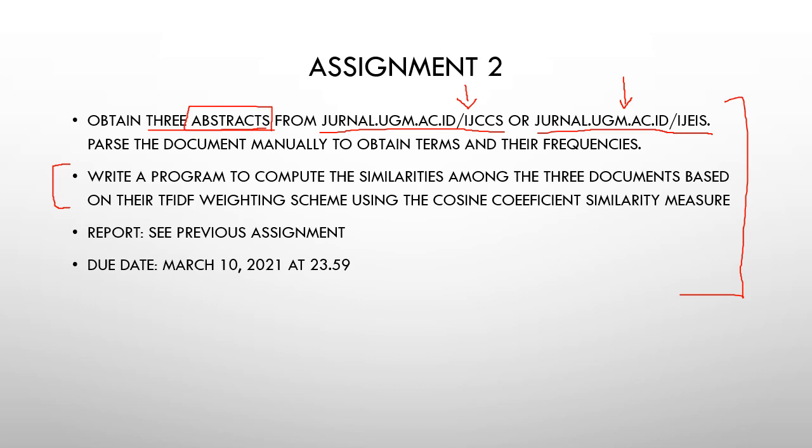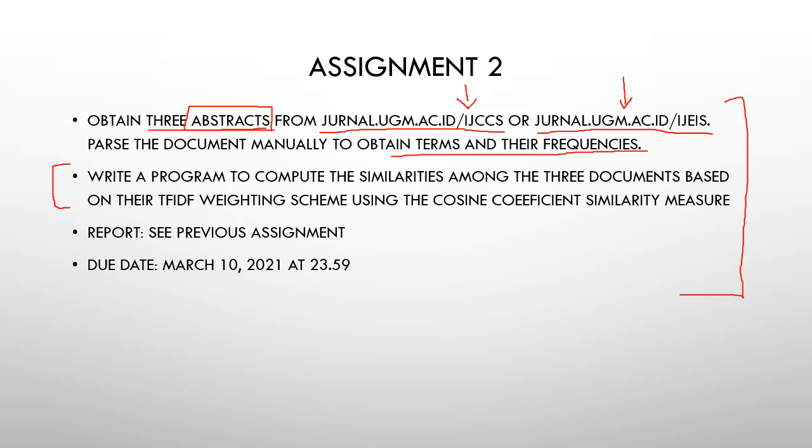Now you parse by yourself. It means that you read the document, and then you make a table. That's why you can use Excel to help you make the table. Word number 1 is saved in column number 1, and it appears once, word number 2 in column number 2, and it appears once, and so on. Then you can update the number of occurrences of that particular term in this document.